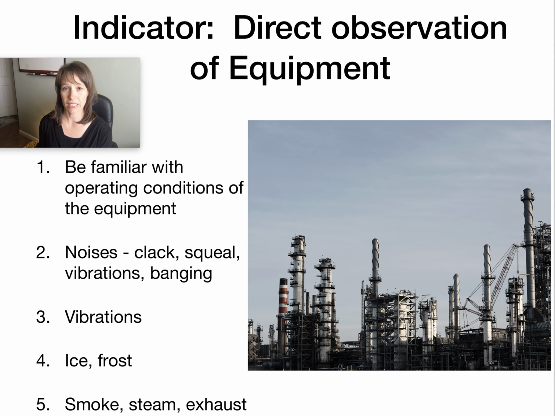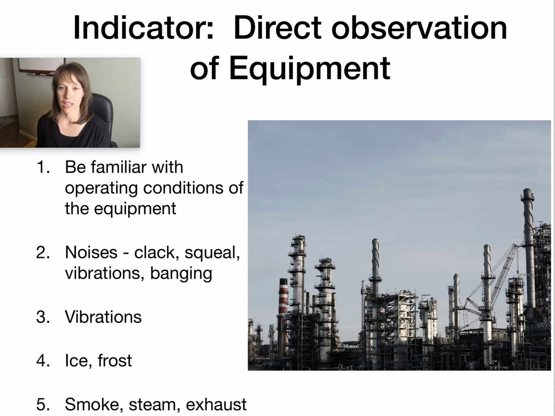And one big indicator always is noises. Equipment makes noises, it's loud, that happens, but there is a normal noise that happens, and then when the noise changes or there's a different noise, a clack or a squeal or a vibration or a banging or anything, that can indicate a problem. And then vibrations are a big one. It can start vibrating differently or just really loud, just indicating there's a problem.